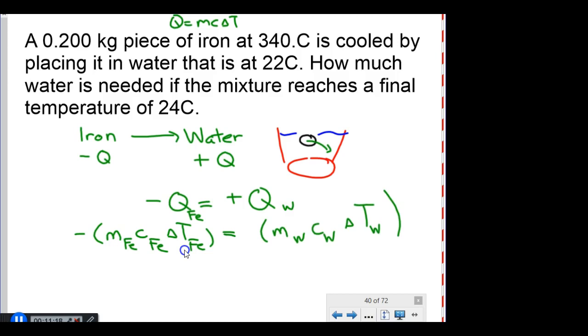The W indicates water. I'm doing that because I have two of everything. I want to keep them straight.